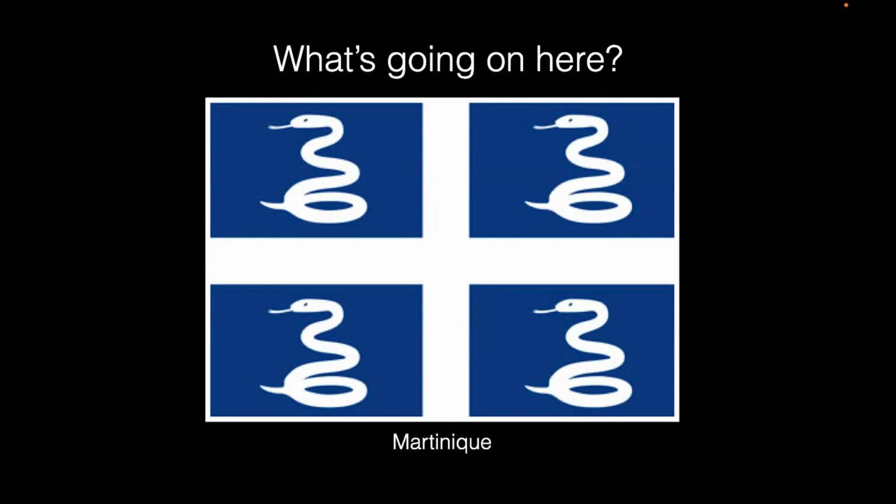We can rule out mirror symmetry because the orientation of the snake's tongues doesn't mirror each other. And we can also rule out rotational symmetry, because then we would have a snake's tongue going like this, and then around like this and around like this. So in this case, we do have translational symmetry.